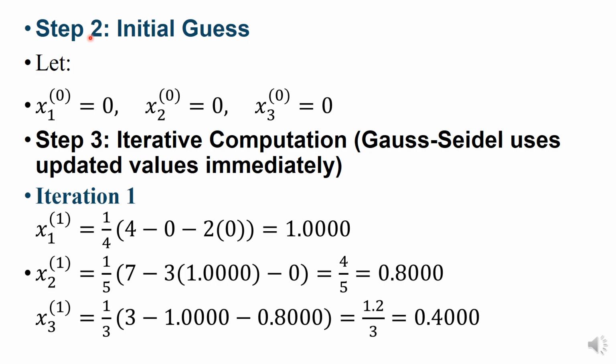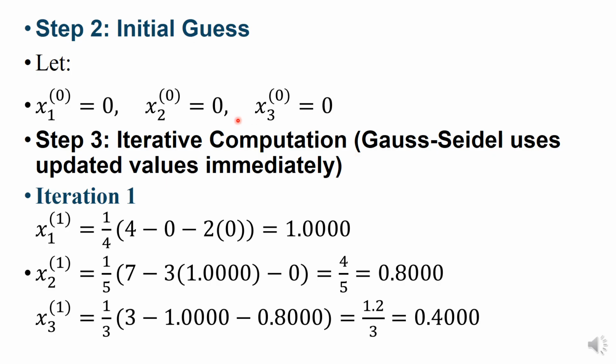Now step 2, initial case. Let x1 superscript 0, meaning the initial iteration, equal 0, x2 equal 0, x3 equal 0.